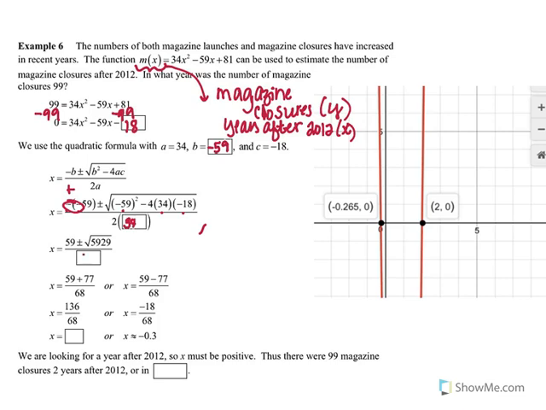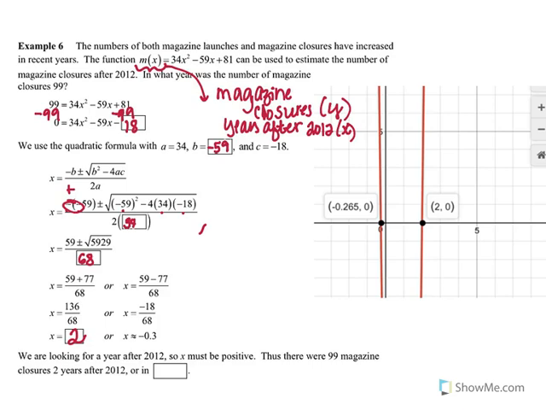Multiplying, I see 2 times 34 is 68. 5,929 when I simplify inside my radical is a perfect square of 77. So I have two options. I have 59 plus 77 over 68, which simplifies to 2, or 59 minus 77 over 68, which is about negative 0.3.